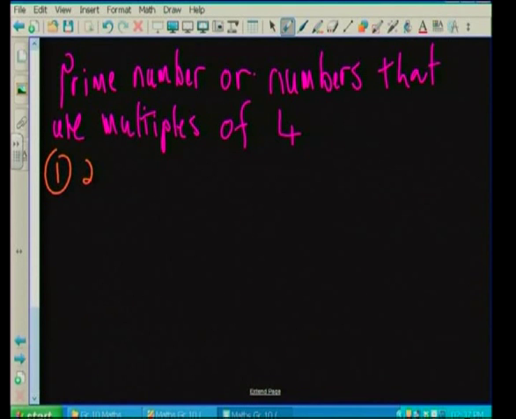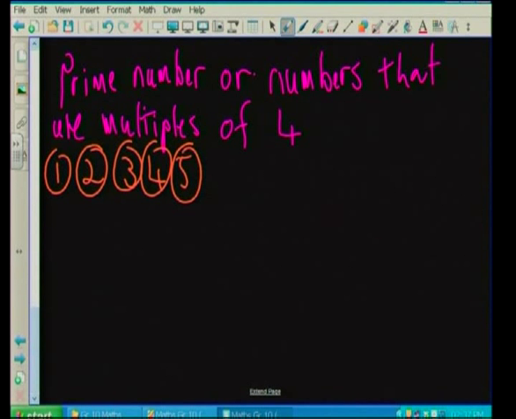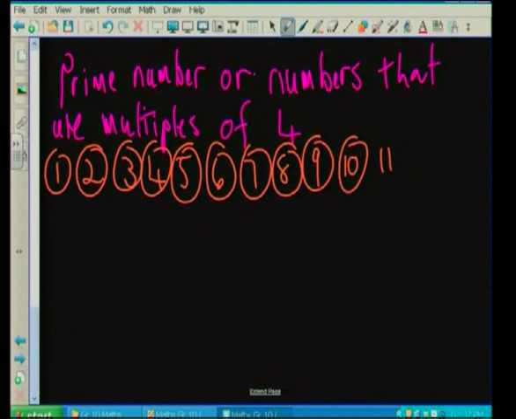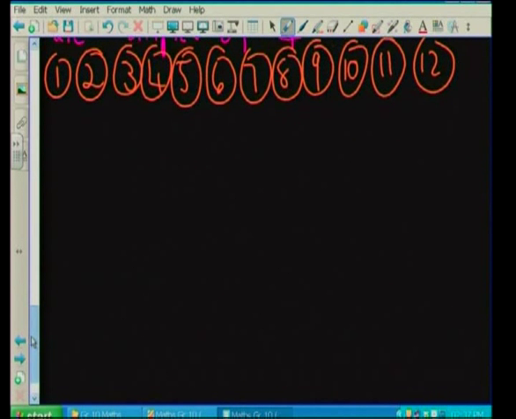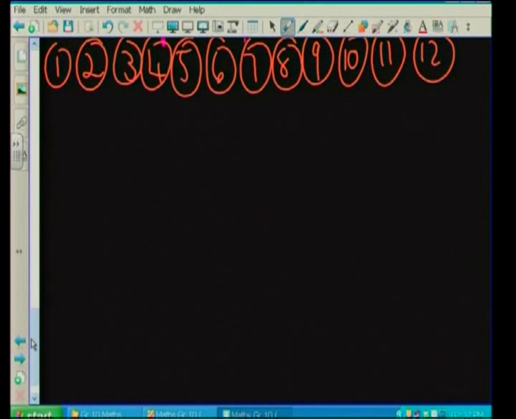So let's write down all of the elements of our sample space. That's the numbers 1 to 12. And I write that down: 1, 2, 3, 4, 5, 6, 7, 8, 9, 10, 11, and 12. Right. Now, I'm going to start off with a box for my Venn diagram.